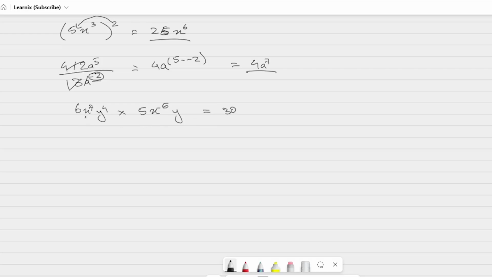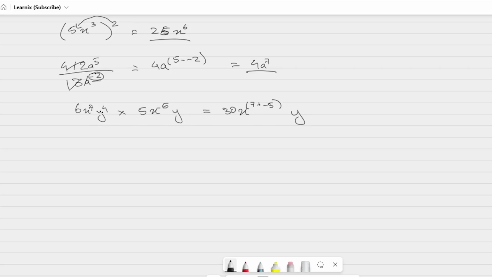Now, remember, multiplying, so we're going to add the powers. The base is going to be x, so it's going to be 7 plus negative 5. Let me write this down for you: 7 plus negative 5. Now we have y as the base there.